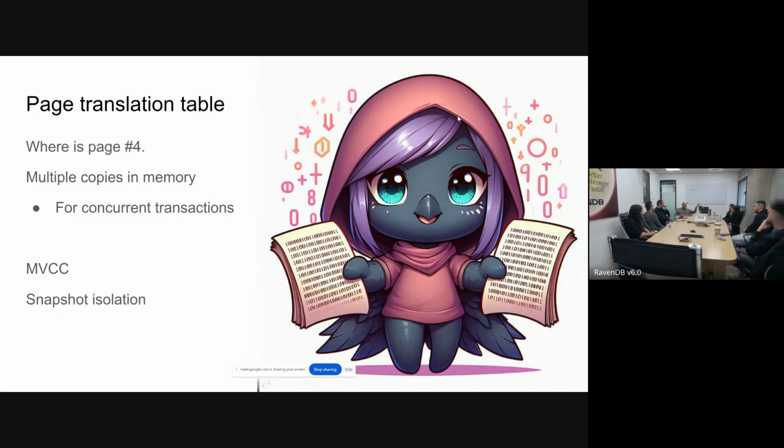So now we have Shiran, who is currently reading a backup, currently reading the database, and a lot of modifications on that. This creates a lot of copies of the data that are maintained in memory until Shiran closes the read transaction.